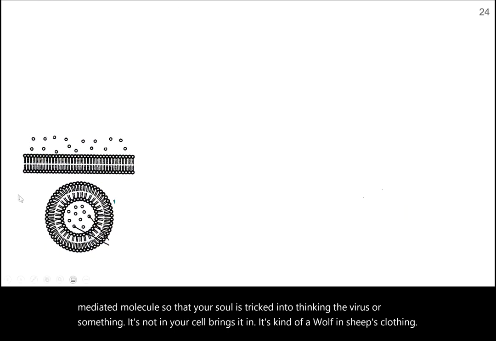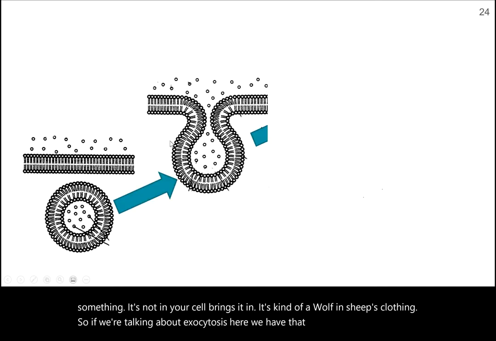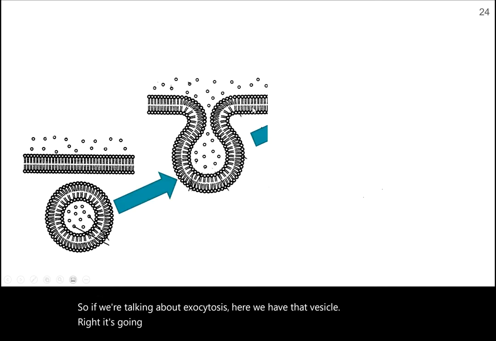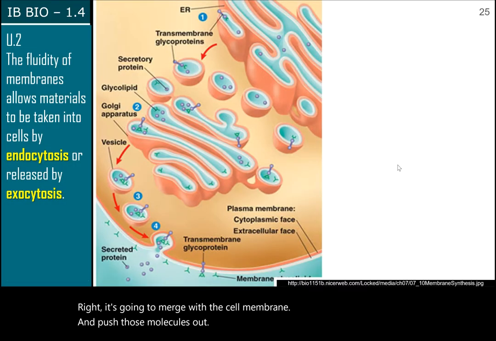So if we're talking about exocytosis, here we have that vesicle, right? It's going to merge with the cell membrane and push those molecules out. Here we have the movement of products from the cell out.